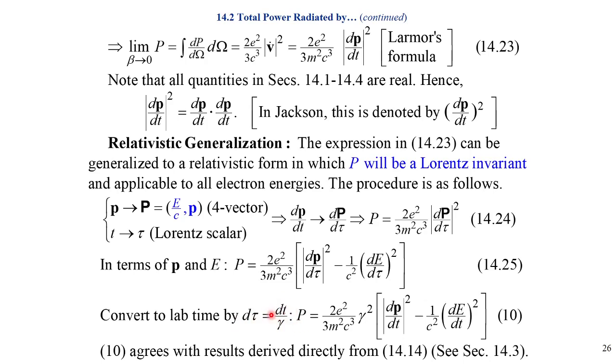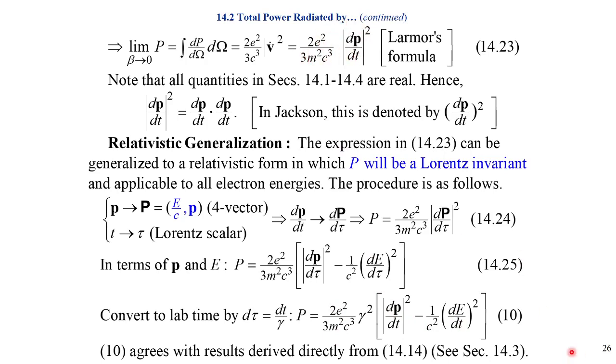Lab time will be greater. So P equals this one. Oh, we recognize this one. So for the non-relativistic case, gamma will be very close to 1, and the change in energy is small. If the change in energy is small, this equation just looks like this one.